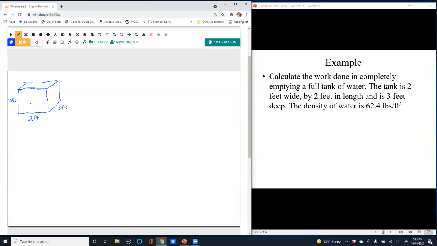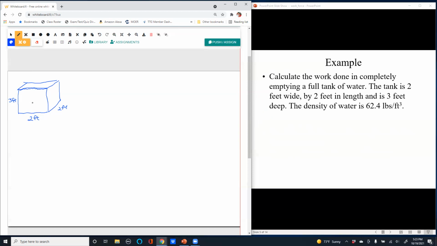Now, here is why this falls into our integral problem. As you empty the water, once the water gets to the top, that top slice of water no longer needs to be pushed up. If all we were doing was taking this 2 by 2 by 3, so 12 cubic foot block of water, and lifting it up 3 feet, this would not need a definite integral.